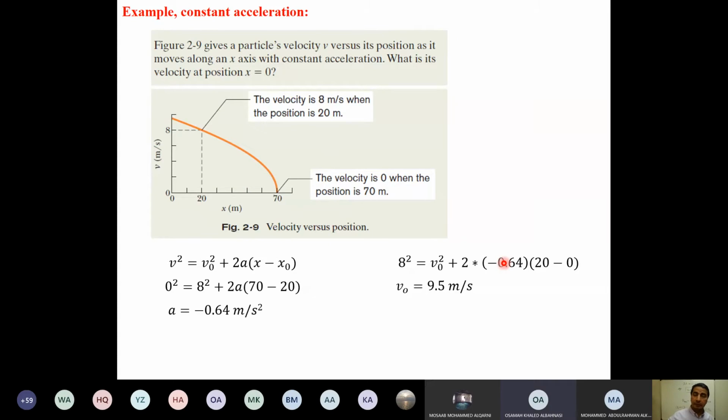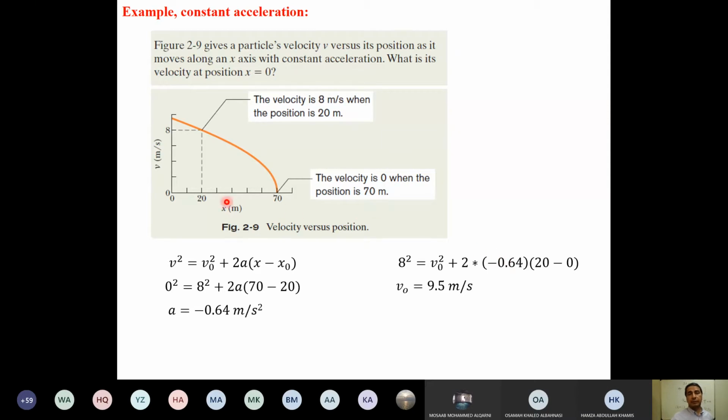What do X naught and V naught represent? V naught is the initial speed, and x naught is the initial position, and it depends on your situation.